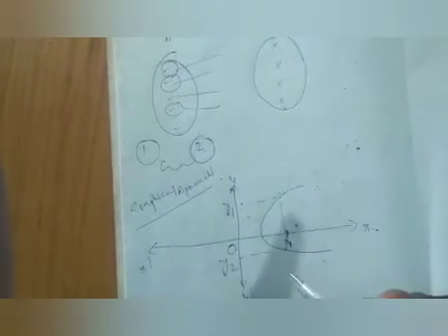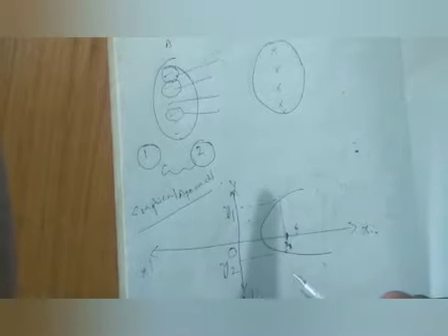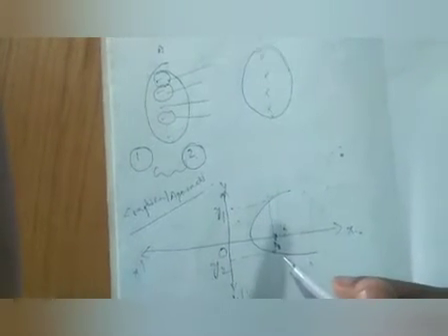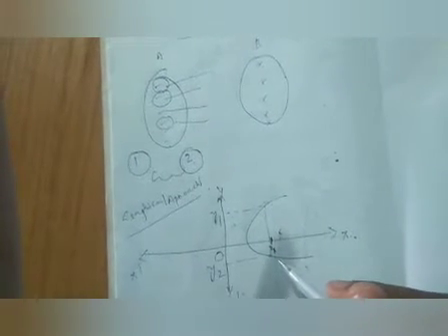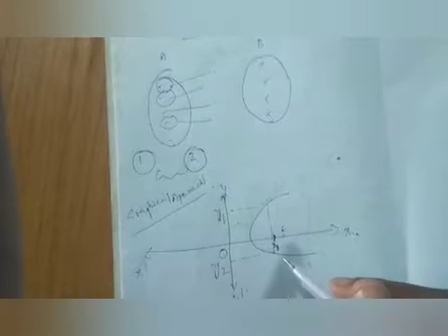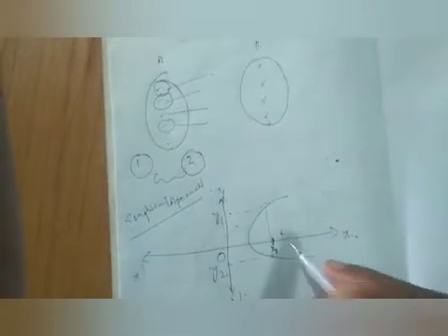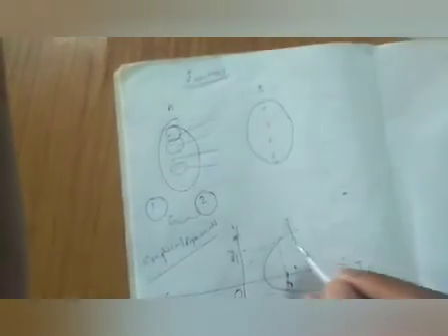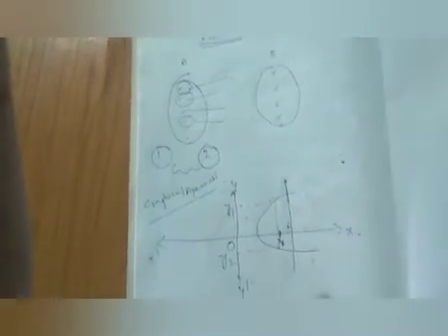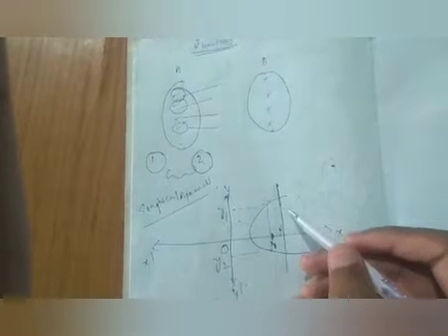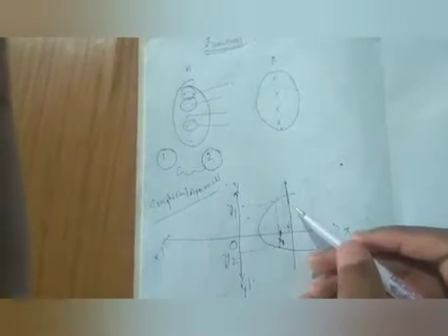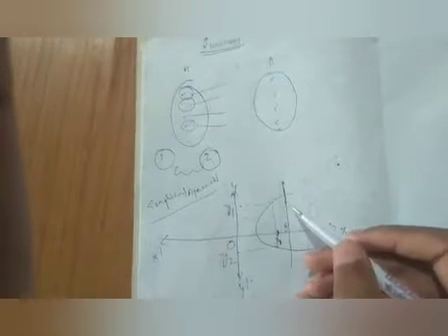We can tell simply that when we draw a line parallel to the y-axis, if it cuts the graph at a single point, then it is a function, or else it is not. Any line drawn parallel to the y-axis should cut the graph at a single point.